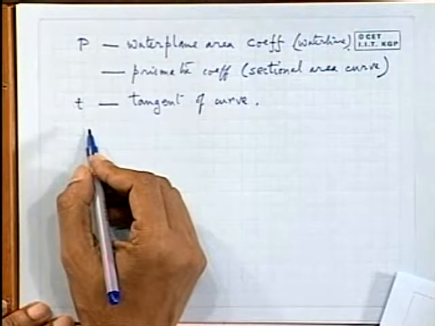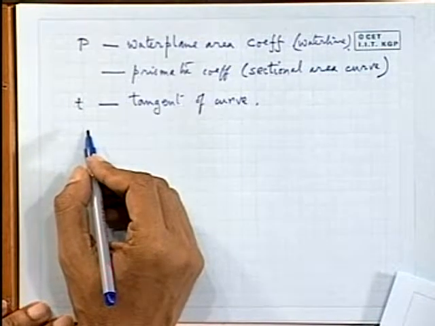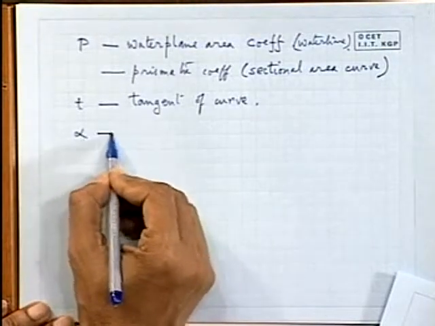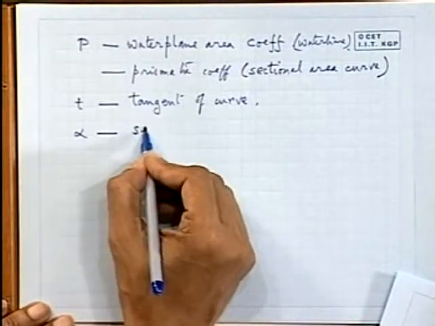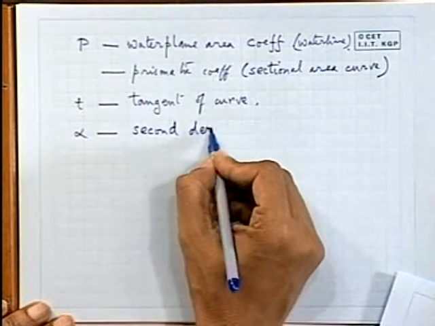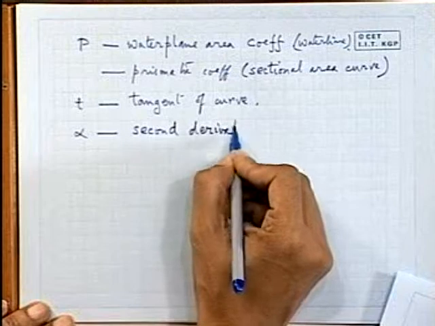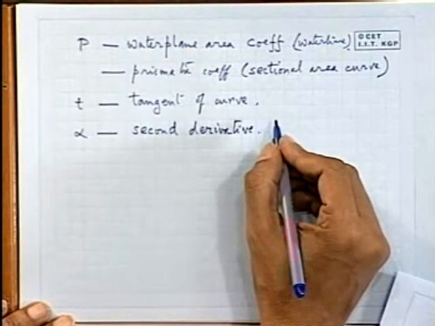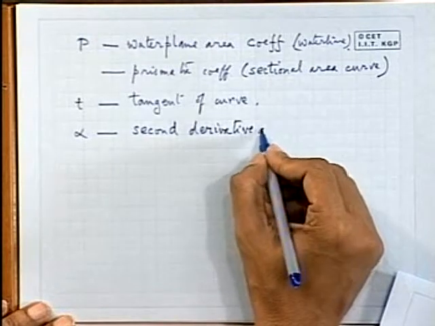And the last parameter is alpha. Alpha is the second derivative of the curve at amidships.